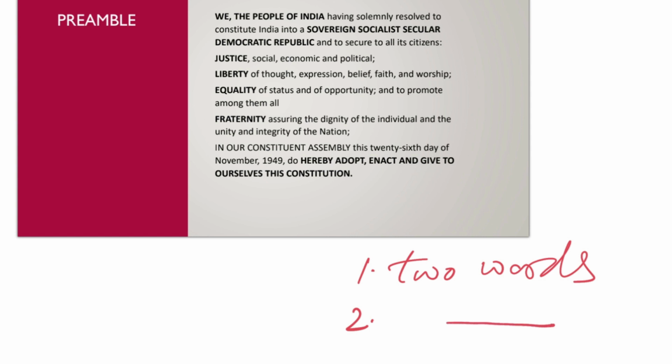These two words can be separated by some more other words. So word 1 here, word 2 here. So this is the assignment. The question is, what is the most basic thing in the preamble which is explained in terms of two words, and these two words are not consecutive? So is that unity and nation? Or integrity and nation? What are those two words? They are not able to answer.